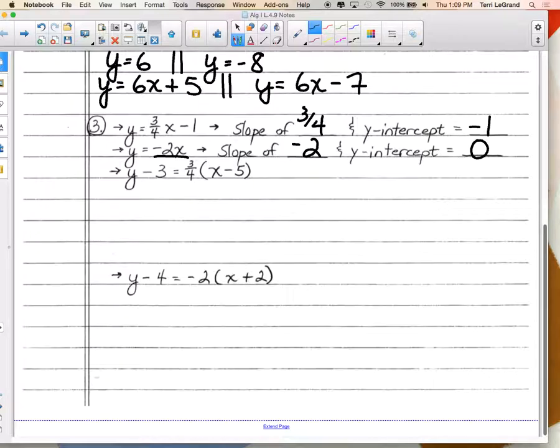It's not in slope-intercept form. Do we need it in slope-intercept form? No. Why not? What do you think? What can we get from point slope form? We get the slope. How many points? 1. From a point slope form equation, we get the slope and a point.